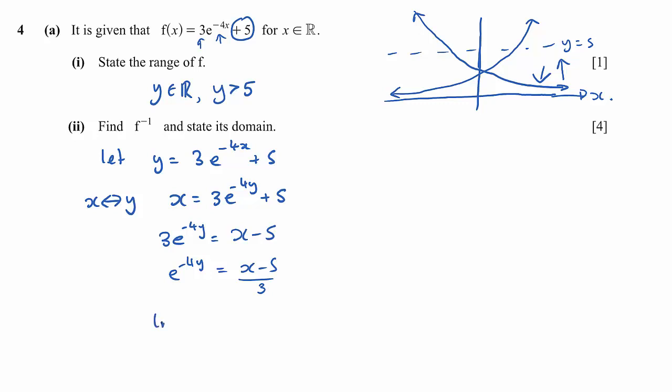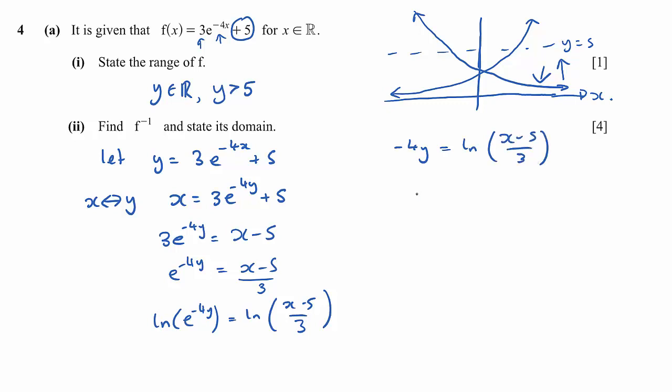Now if we take the natural log of each side, ln e to the negative 4y is ln of x minus 5 over 3. The natural log and the exponential function are inverse functions, so the left just becomes negative 4y is ln of x minus 5 over 3, and divide both sides by negative 4, so we get negative a quarter ln of x minus 5 over 3.